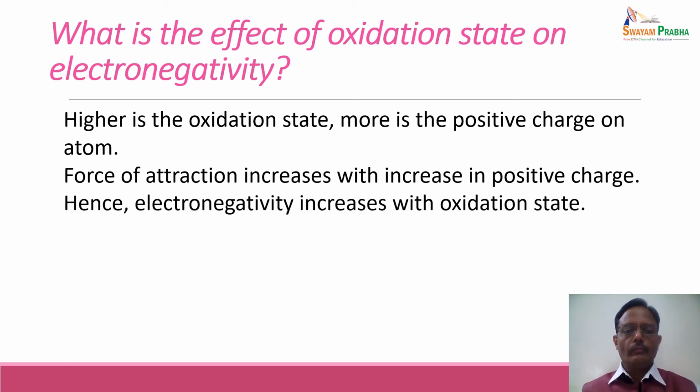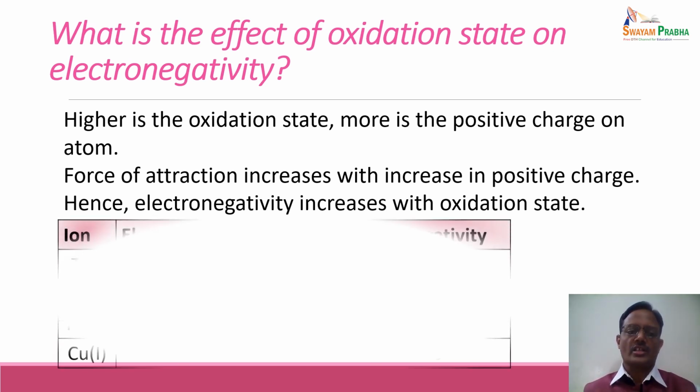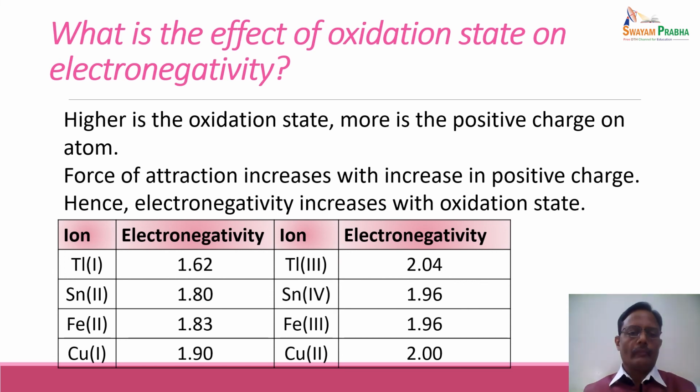Hence, we can summarize that the electronegativity goes on increasing with increase in oxidation state. Take an example: thallium existing in 2 oxidation states, 1 positive and 3 positive. The electronegativity of thallium 1 positive is 1.62, but that of thallium 3 positive is 2.04.